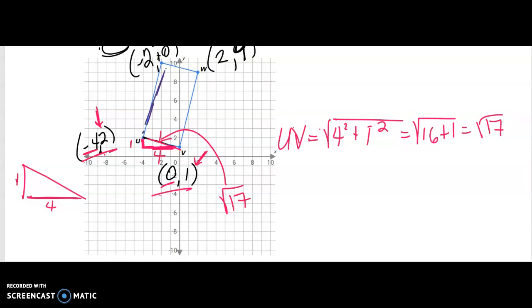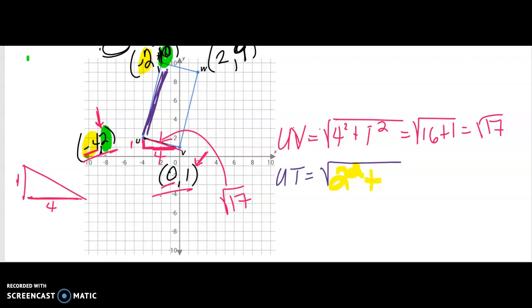Now we have to find this length, which would have been UT. From -4 to -2 is 2, so that would be 2 squared plus, from 2 to 10, that was a 10, and you can't really read it, that was 10.